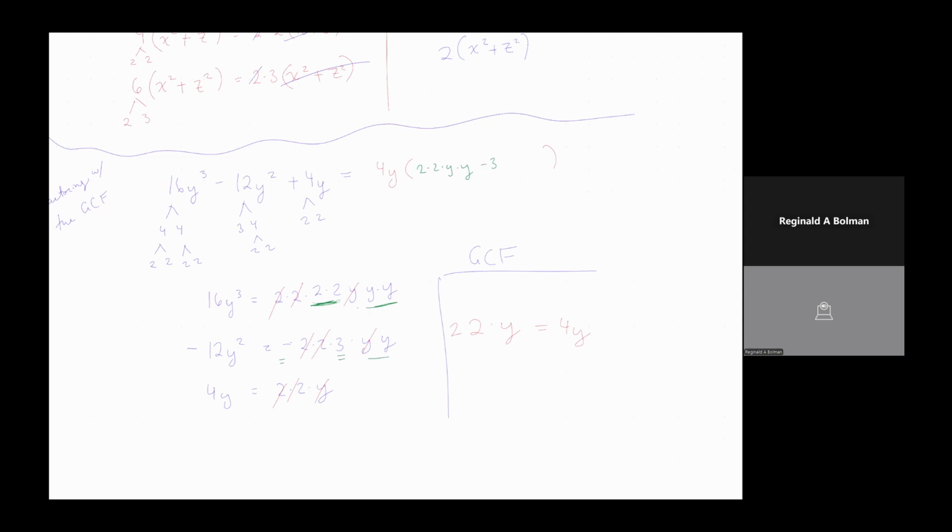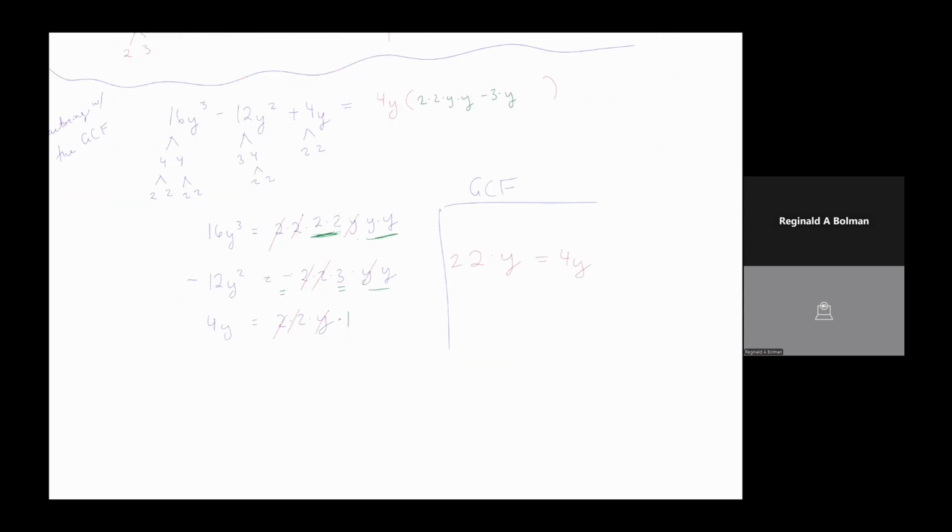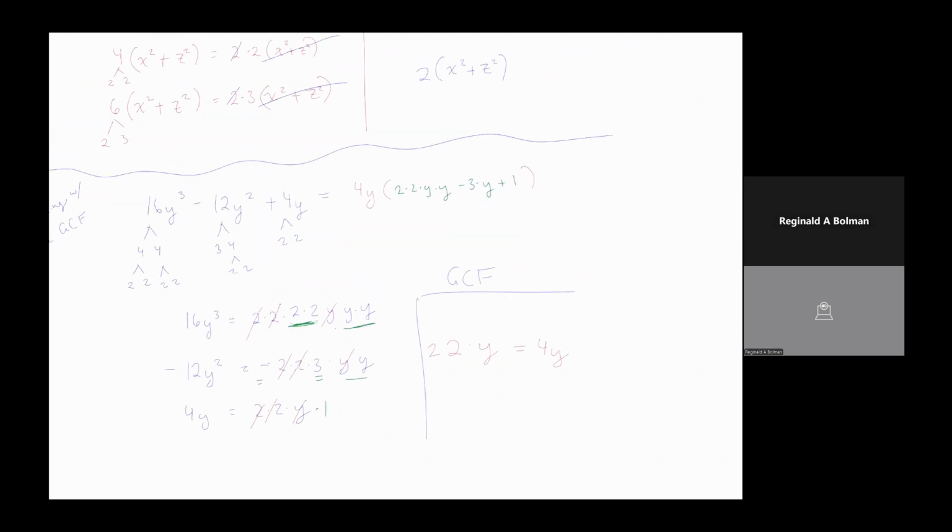Okay, and here, for this term, you're just going to have a 1. Remember, when we do factoring, it's not like we're using a ray gun and just obliterating the numbers into nothingness or something. It's that we're actually dividing out this quantity from each of the subquantities that may be added or subtracted from each other.